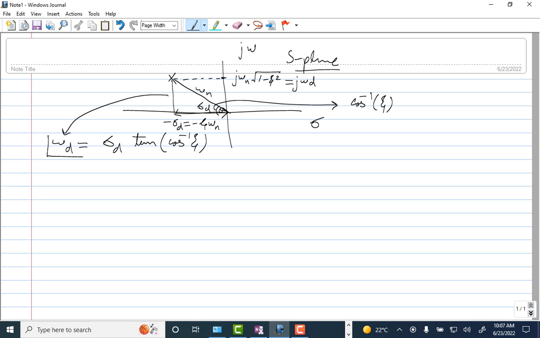This is the way you can find the location of this point, and it is important before starting the design.